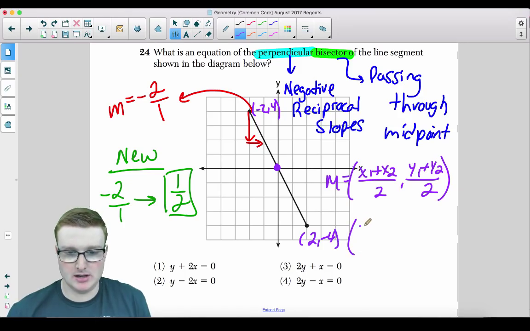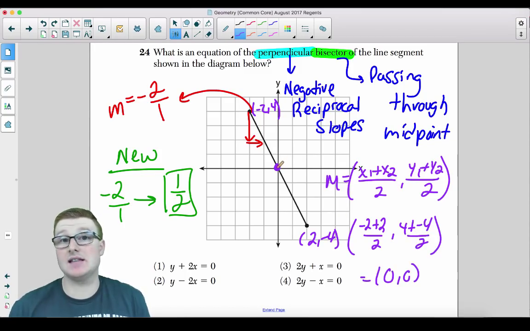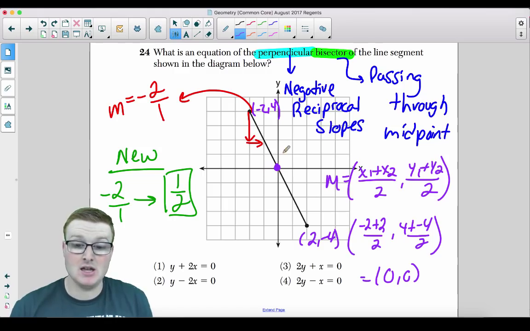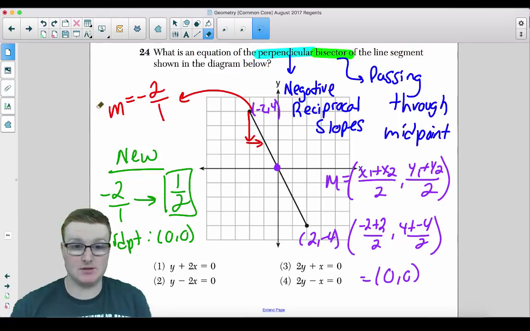Plug in your information: negative 2 plus 2 over 2, comma 4 plus negative 4 over 2. That gives you 0, 0, and that's exactly where we are. We are at the origin. So the midpoint is 0, 0. That is what we need to pass the new line through.